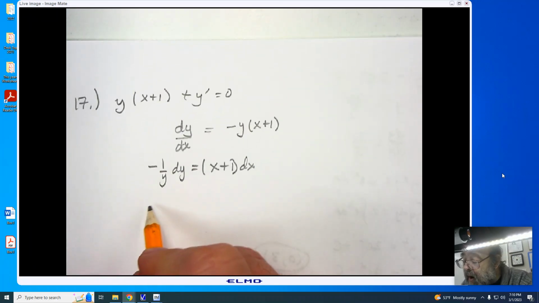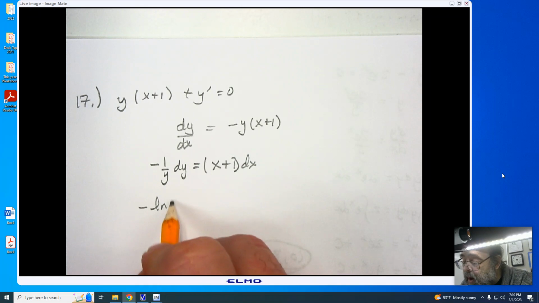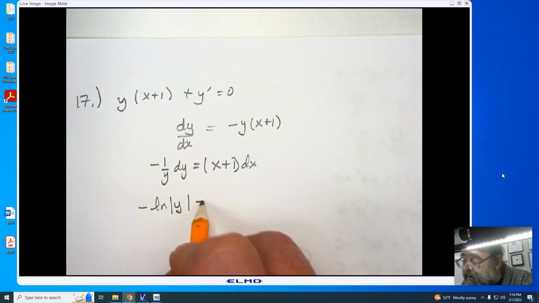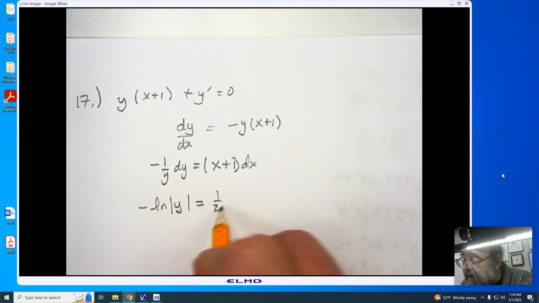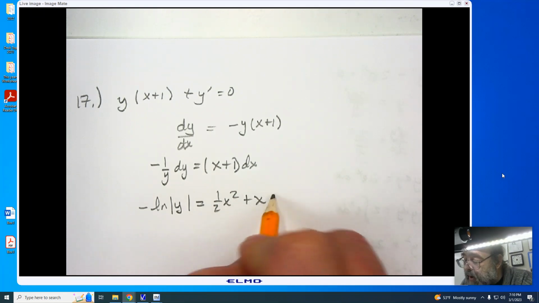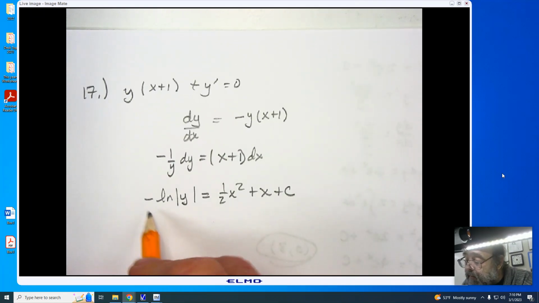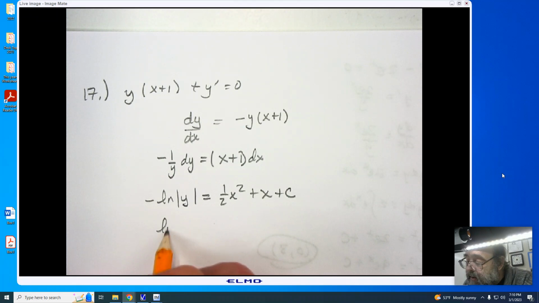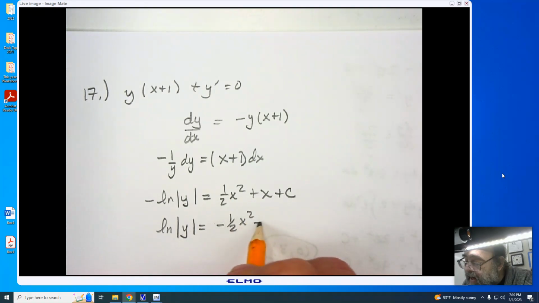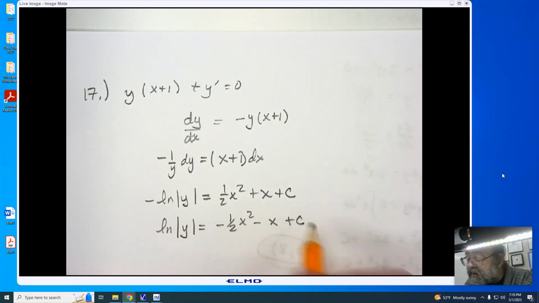With this, I can now work with negative natural log of the absolute value of y is equal to 1/2 x squared plus x plus c. We're going to have to multiply through by the negative so that we have the natural log of y equals negative 1/2 x squared minus x. We keep it as a plus c.